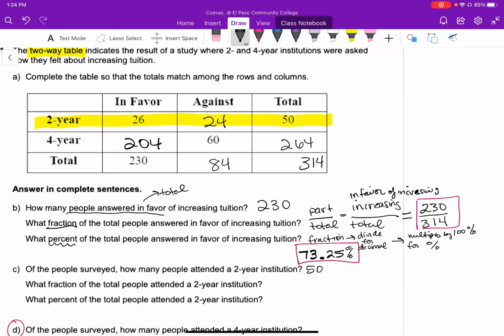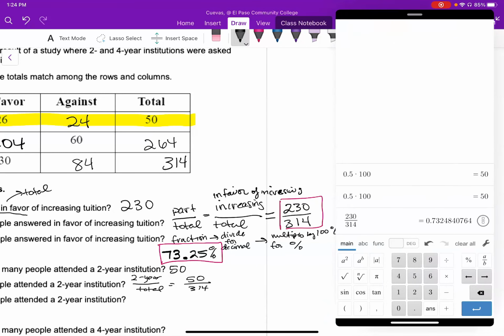What fraction of the total people, okay, so I have a fraction and then it's telling me what to do, total, attended a 2-year institution. So then I have 50 over 314. I hope you guessed it. Let's go ahead and it says the next one is percent. So let's go ahead and take out our calculator and calculate this.